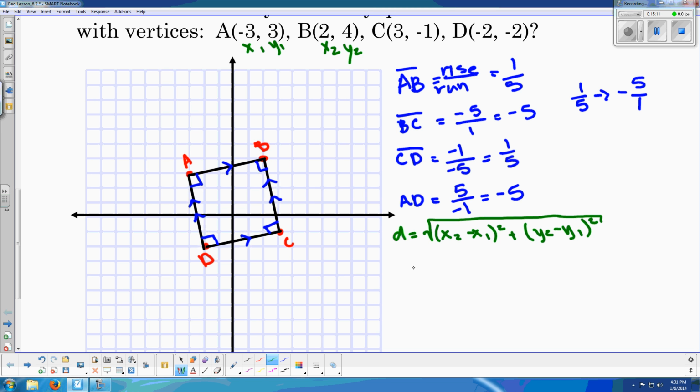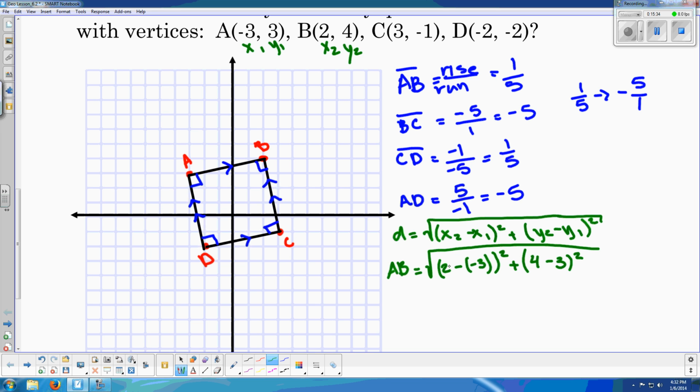So far, so good. So now we have our square root. Remember, we're finding the distance of AB. We have the square root of x2, so we have 2 minus negative 3 squared plus y2, which is 4, minus y1, which is 3 squared.